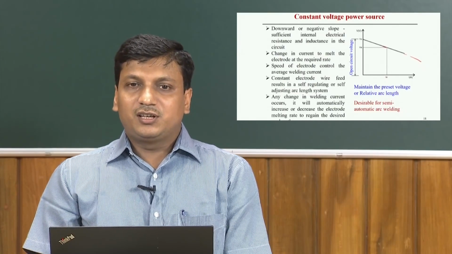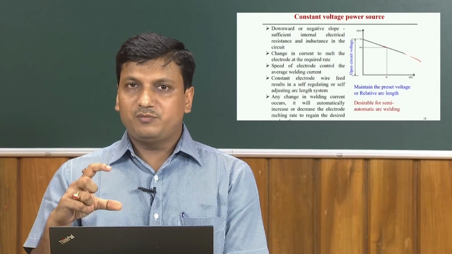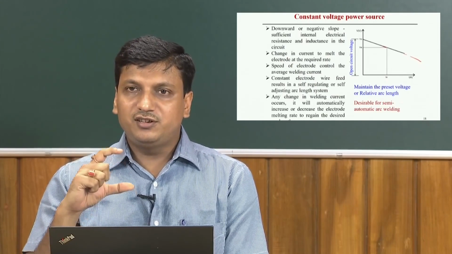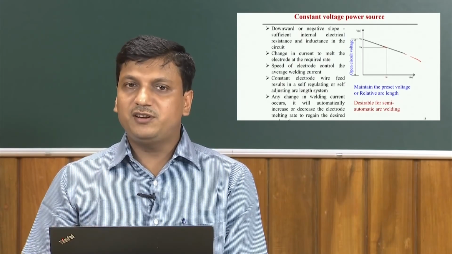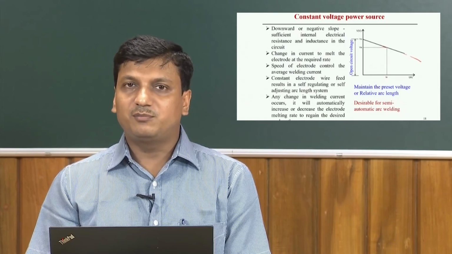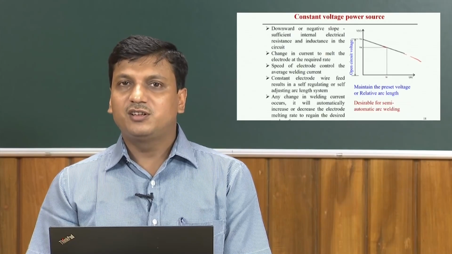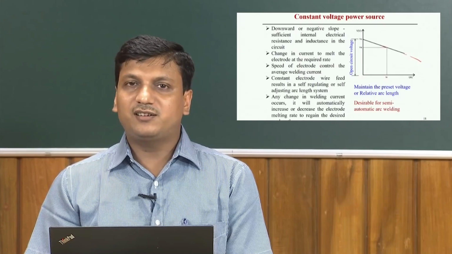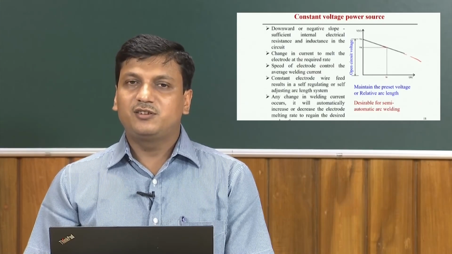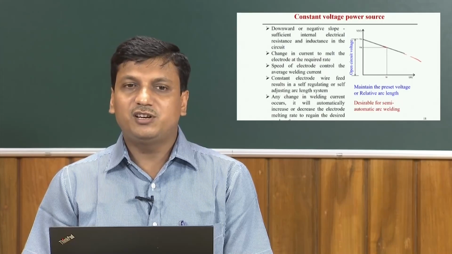So, in this case the power source always tries to maintain the desired arc length by maintaining the constant voltage, but if during the process there is a small variation in the arc length, that is automatically adjusted by melting the electrode material, in the case of a consumable electrode.